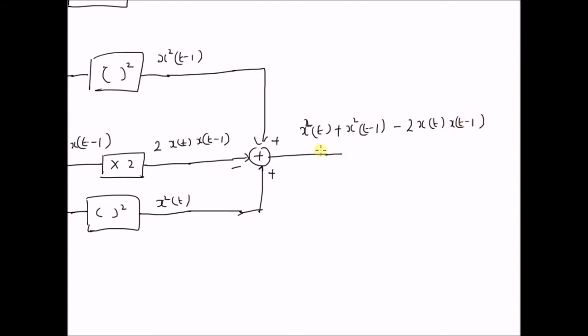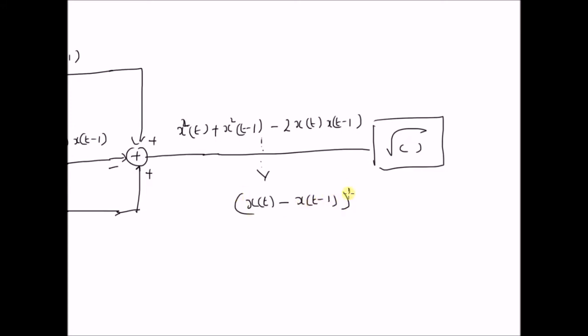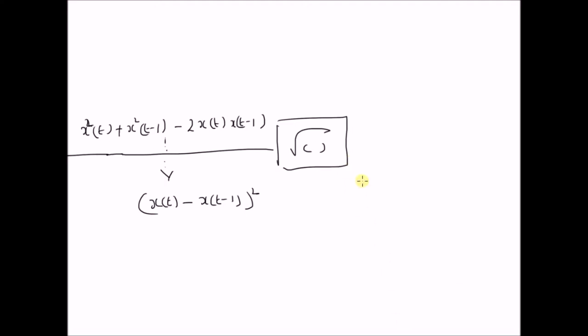So again, this output goes through a system that takes the square root of the input. But this one is actually equal to x of t minus x of t minus 1, whole square. So the square root of this square is clearly equal to x of t minus x of t minus 1, whole square, power 1 by 2.